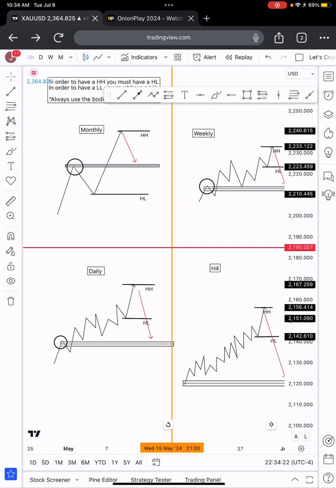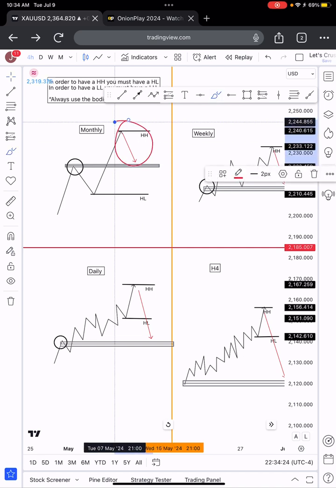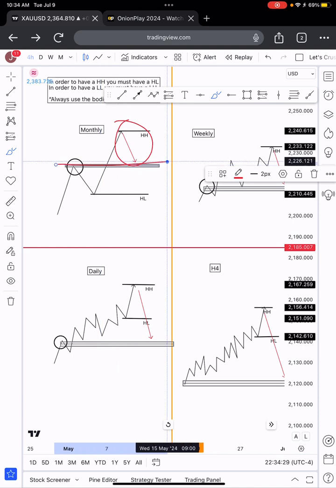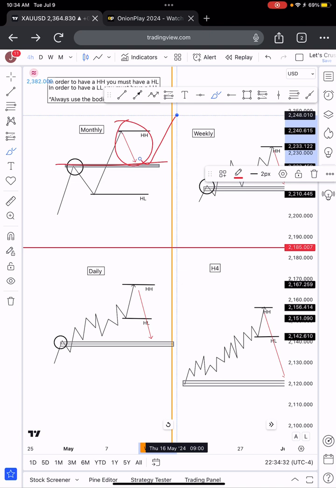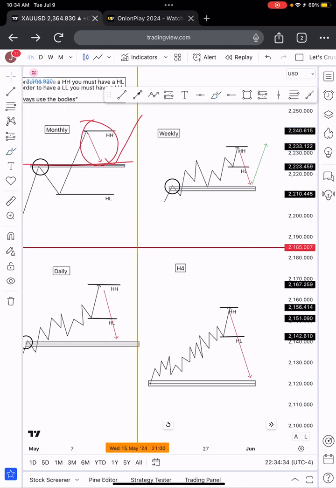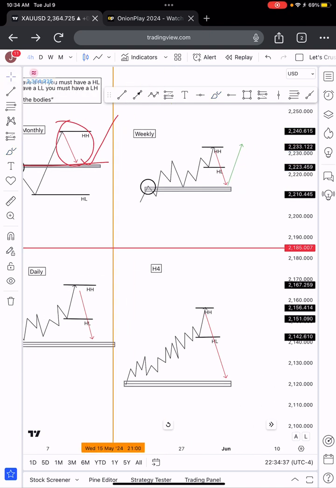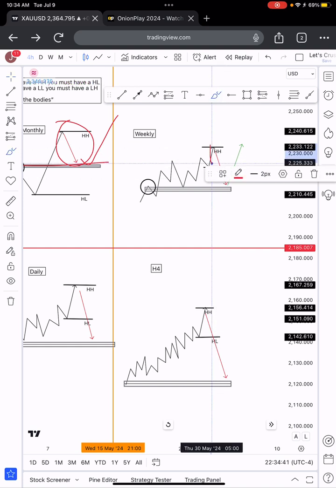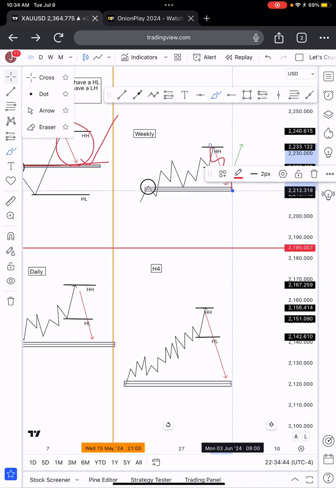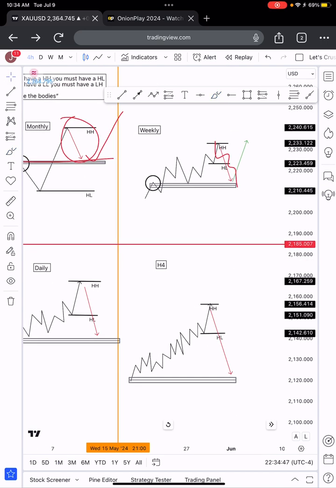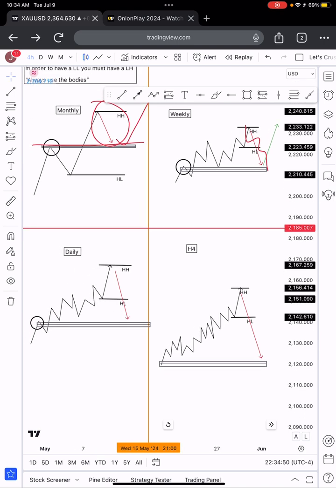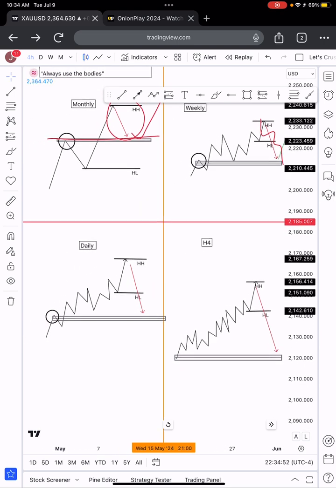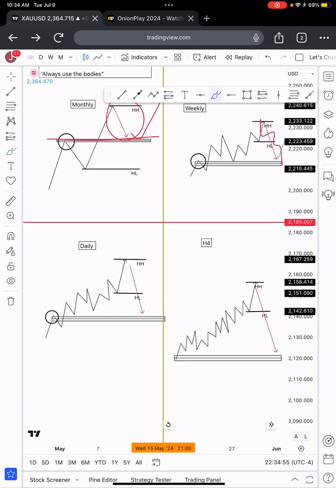In order for the monthly to have this pullback to go to a potential new higher low, and to continue to move up, the weekly is going to have a pullback. The pullback could potentially look as if it is shifting bearish, right? So the weekly will shift bearish in order to have a pullback, and then the daily will shift bearish as well to have that pullback.